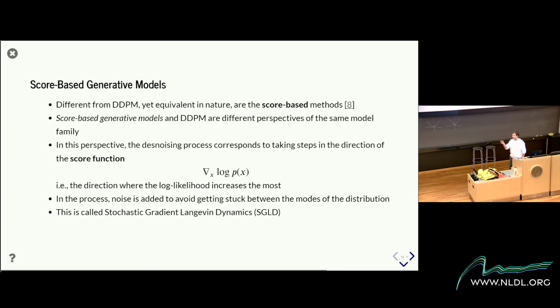During this process, we are adding some noise to avoid getting stuck between some modes or at a saddle point of this distribution. This process is called stochastic gradient Langevin dynamics, or SGLD for short. So what does it mean?